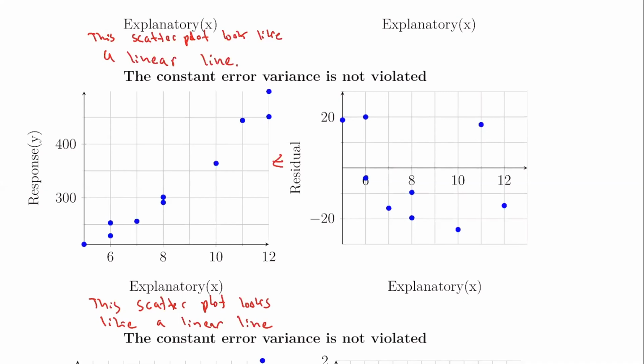Yeah, so we'll say this scatter plot does look like a linear line. But if I go over to the residual plot, does the residual plot also show that all the points are relatively the same distance away, or is it all over the place like it was in the first one?